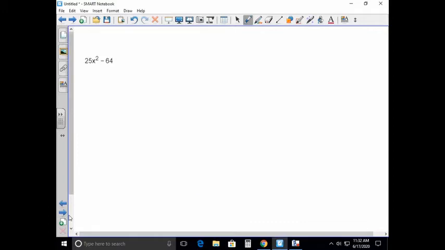If we look at this one, this is also a difference of squares. So let's take each term and write it as something squared. So 25 is 5 squared. That is x squared. And 64 is 8 squared. 64 is 8 times 8.